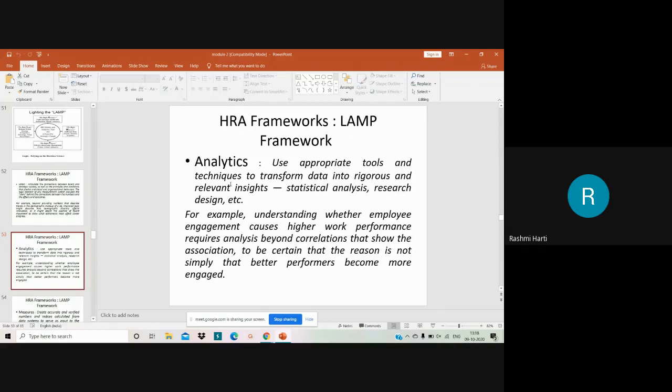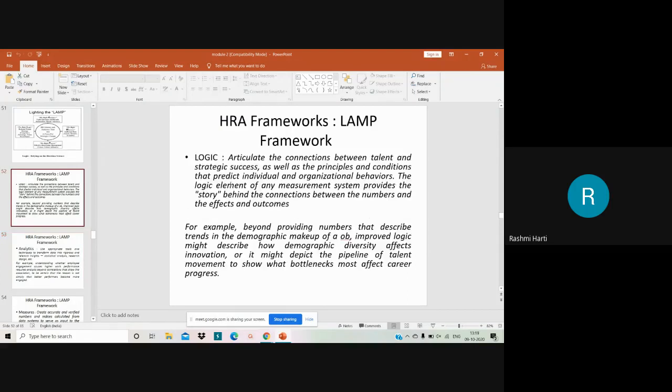So here, you have particular data on employee engagement and work performance, and you correlate those data and identify whether, when you have employee engagement, it leads to higher work performance. Now that is what you're going to identify by using appropriate tools, and that is nothing but called analytics.